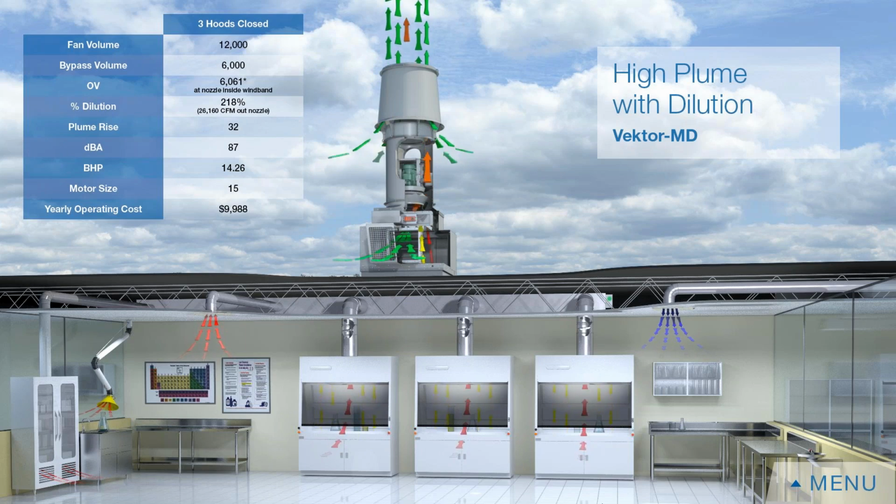Again, we're not discrediting the dilution nozzle whatsoever. We're going to talk about it a little bit more in the next session. But the whole point behind this is do your homework. Can you get away with the more efficient option with the high plume, or do you need to go to that dilution style type nozzle? All great options.